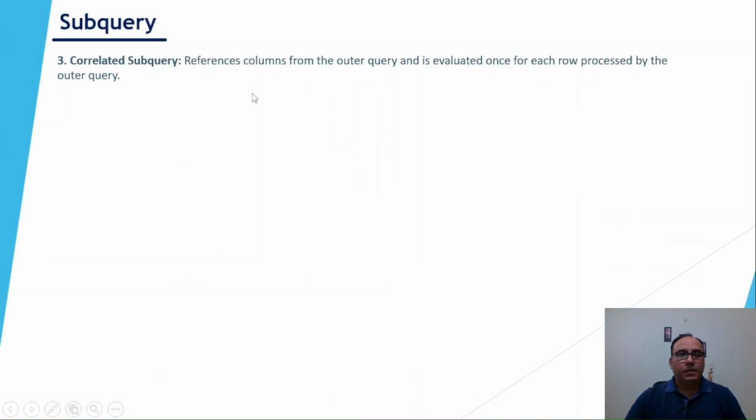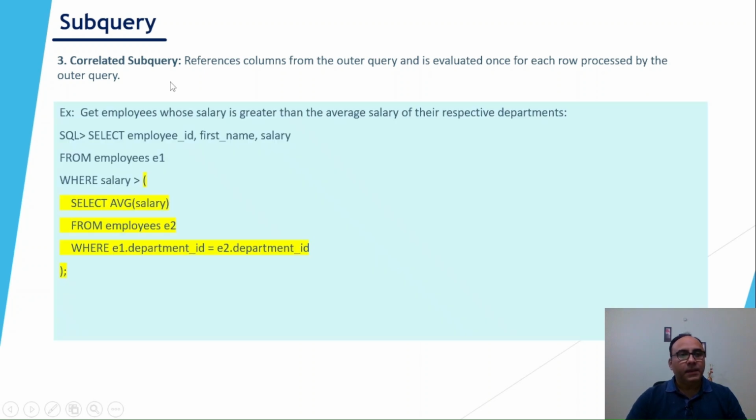Number three, correlated subquery. This basically takes reference from the outer query, and it is evaluated once for each row processed by the outer query. Let's look at the example. Get employees whose salary is greater than the average salary of their respective departments.